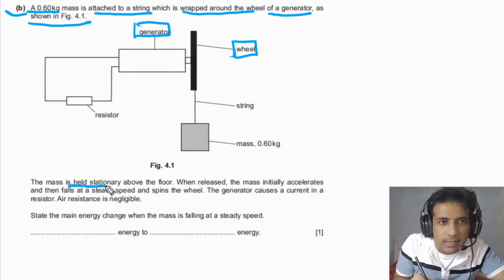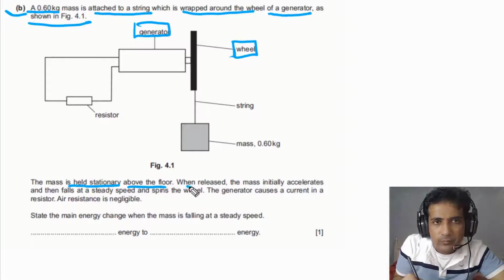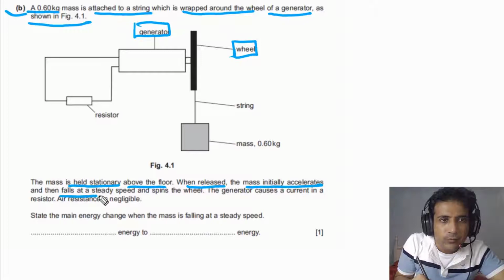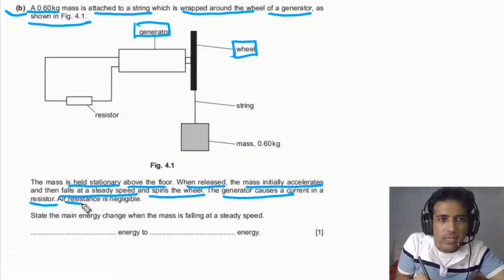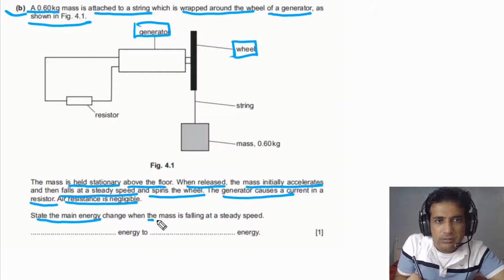The mass is held stationary over the floor. When released, the mass initially accelerates and then falls at a steady speed and spins the wheel. The generator causes a current in the resistor and the resistance is negligible. State the main energy change when the mass is falling at a steady speed.